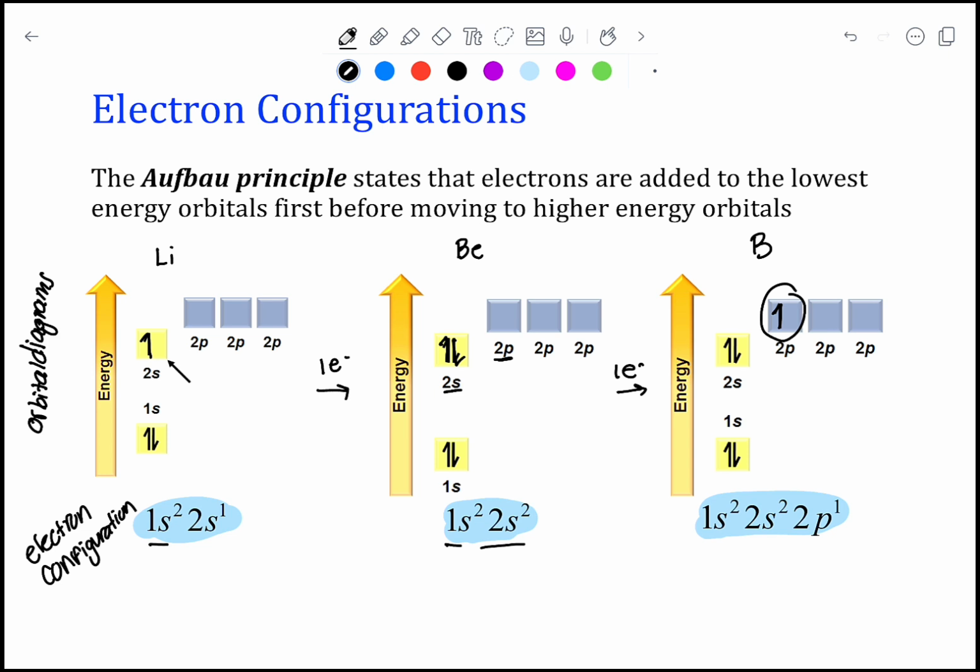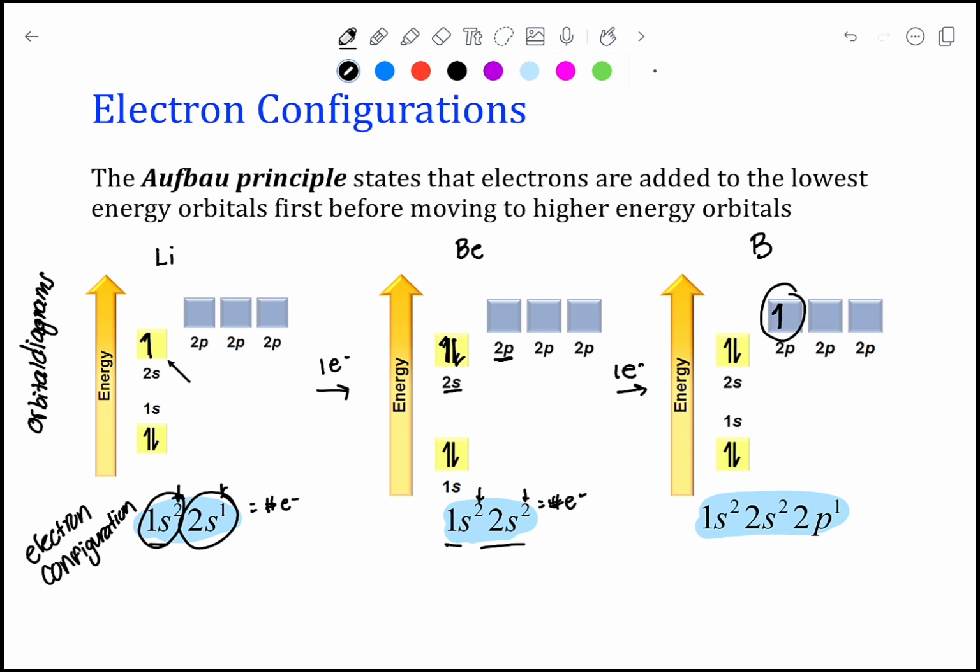So lithium has 3 electrons, 2 of them are in the 1s orbital, and 1 of them is in the 2s orbital, which is what we see in the orbital diagram. Then when we add one more electron to go to beryllium, we now see that we went from 1s2, 2s1 to 1s2, 2s2, because now I have 4 electrons. So our superscripts here, if we add them up, they equal our number of electrons.